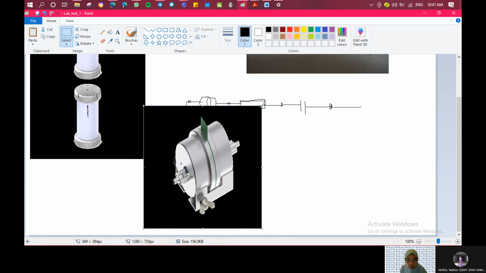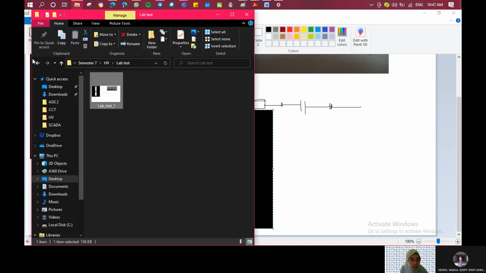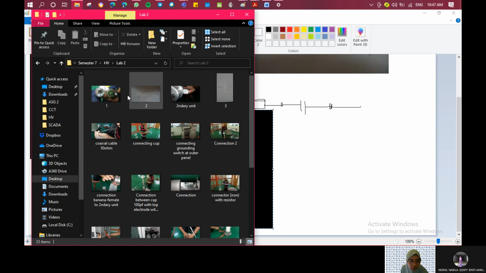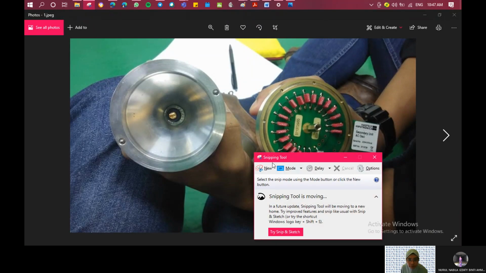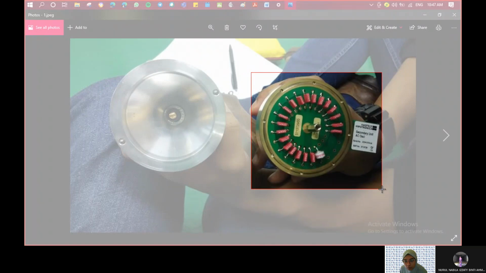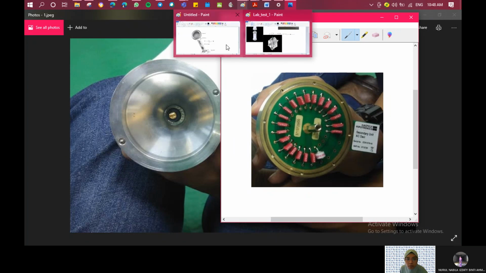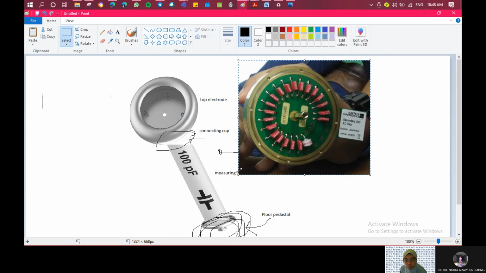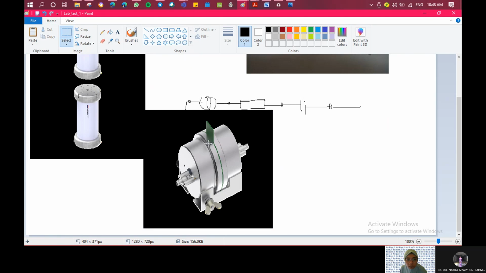Okay, secondary part. So the inner part of the secondary part looks like this. Okay. Copy, paste it here. Okay.